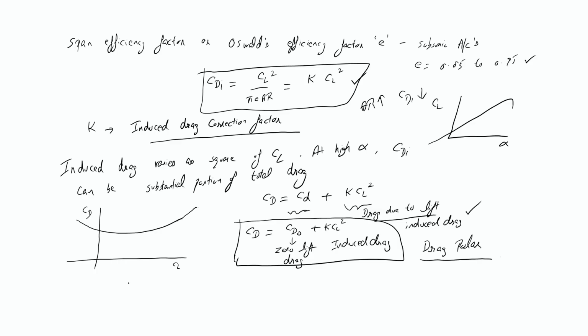So the plot of CD versus CL is known as drag polar. Alright, the plot of CD versus CL is known as drag polar. So the complete aerodynamics of an airplane is reflected in it.